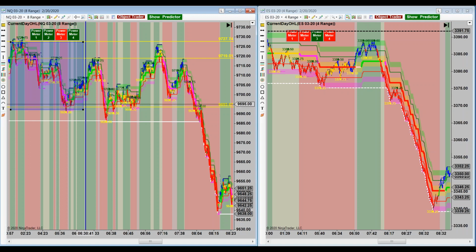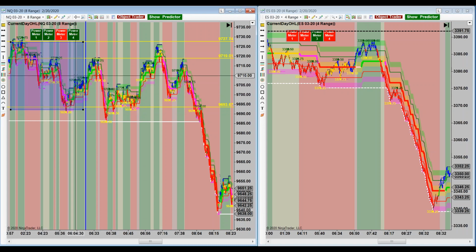Okay. Now, here's the market open. Did the market stay in this range all the way until over here? Yes or no? In other words, is this area right here on the right, which is fully 45 minutes into the trading session, remaining within the confines of the box on the left?